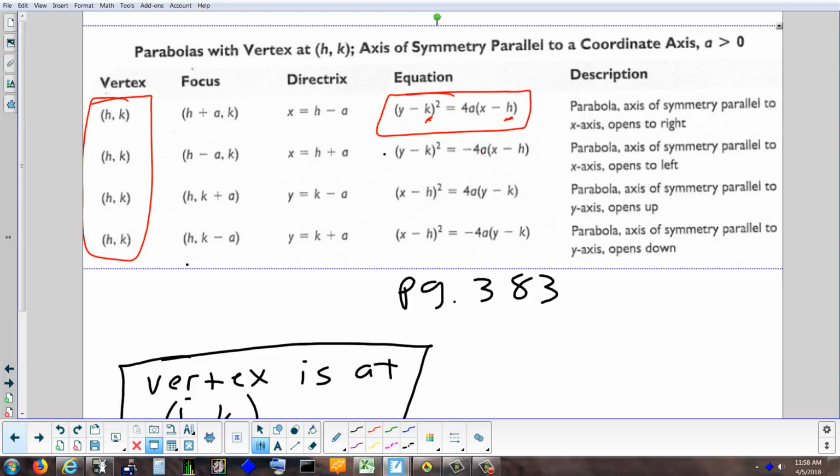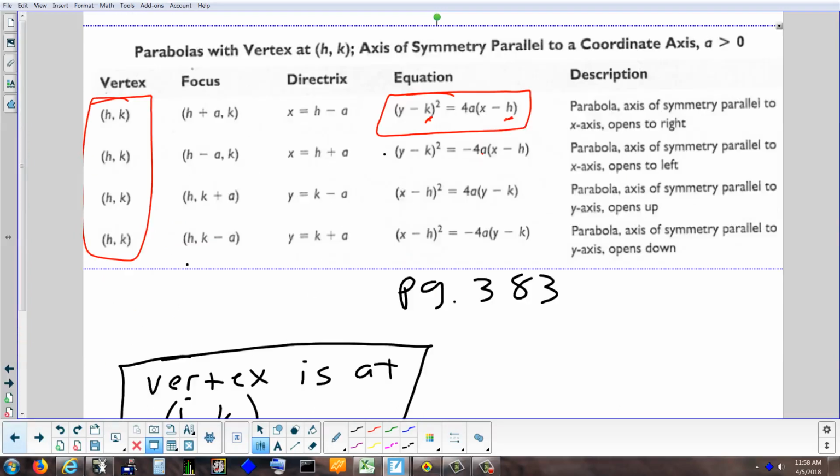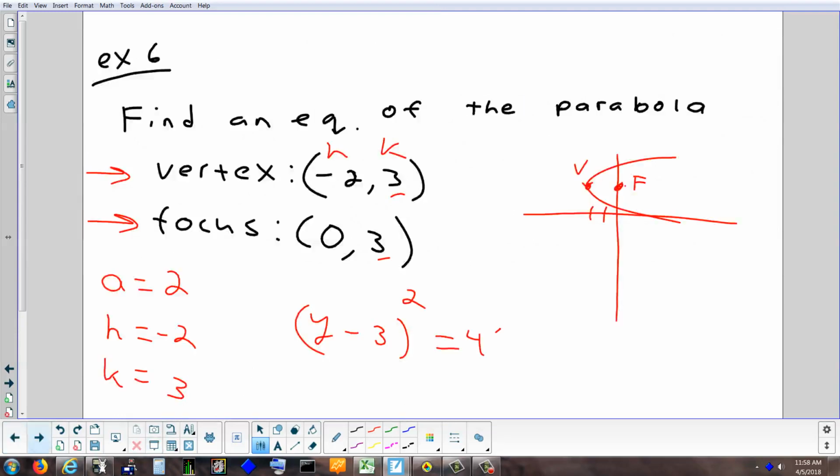Okay, so we've got y minus k squared, and be careful with a double negative. So we've got y minus k squared equals 4a x minus h. 4a is 2. We should do that out in a second. X minus, what's h? -2.